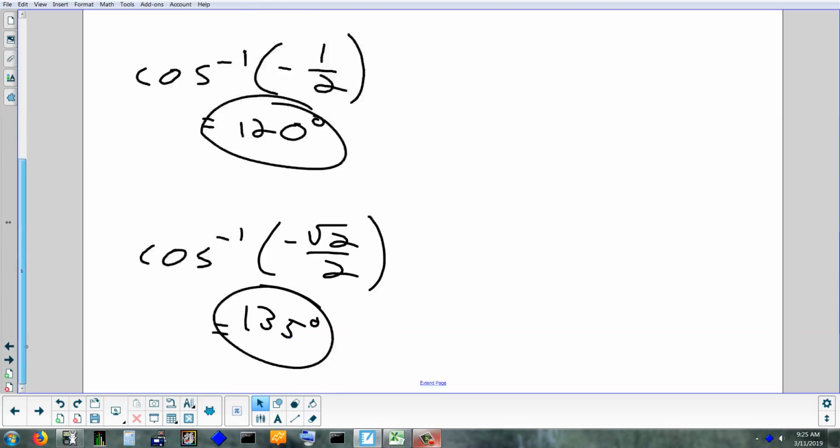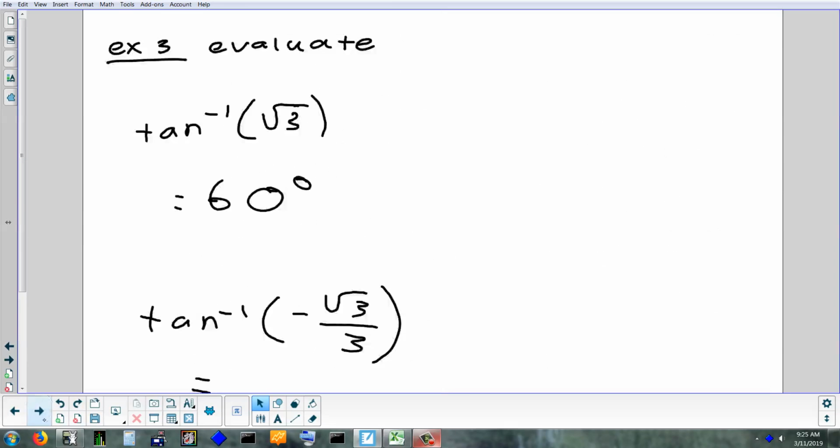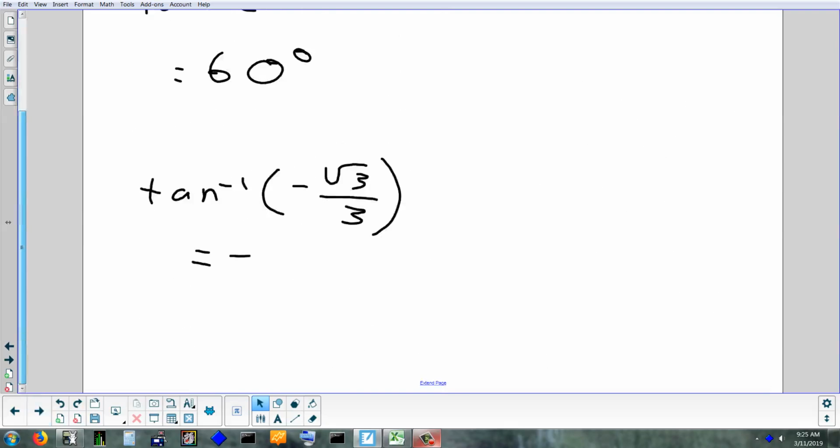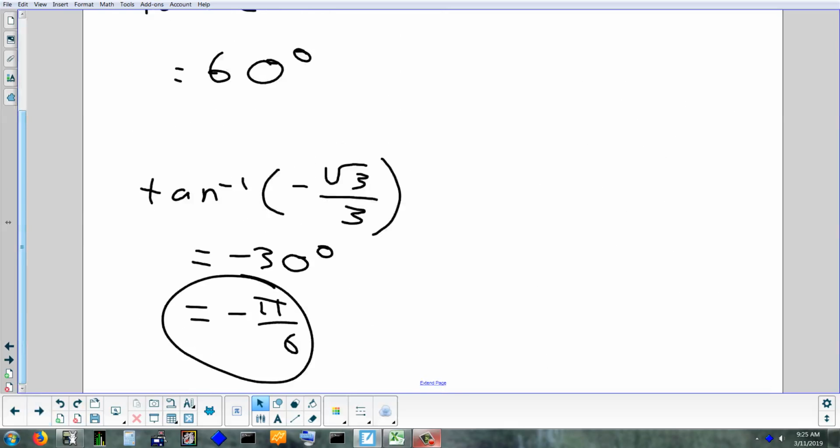So that's your answer. And we haven't done a radian one in a while. What would you write if they wanted it in radians? Negative pi over 6. Yep, negative pi over 6. Degrees and radians.